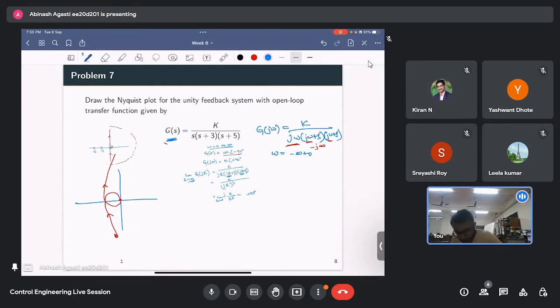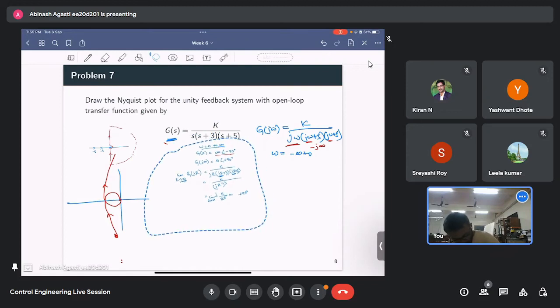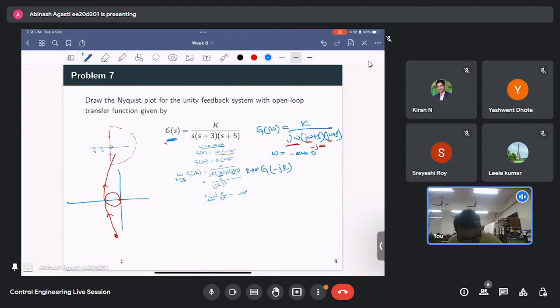So like we did the analysis in this part, omega equal to minus infinity to 0. So first let us plug in omega equal to minus infinity, right? So that will be minus jr, r goes to infinity. So what we'll have here is limit r goes to infinity, basically this thing, just that it will be minus r.